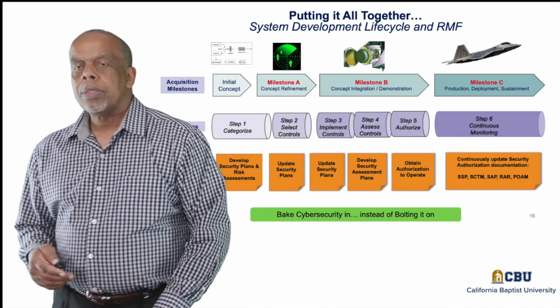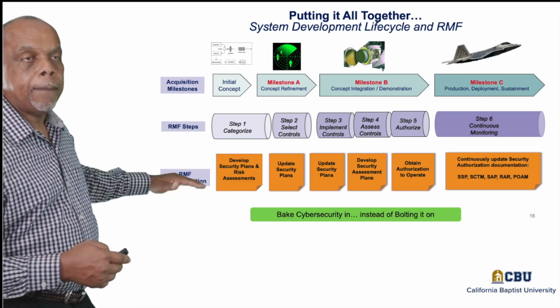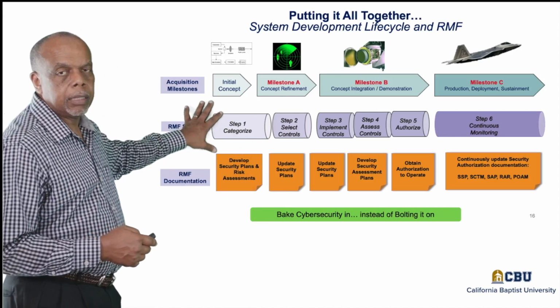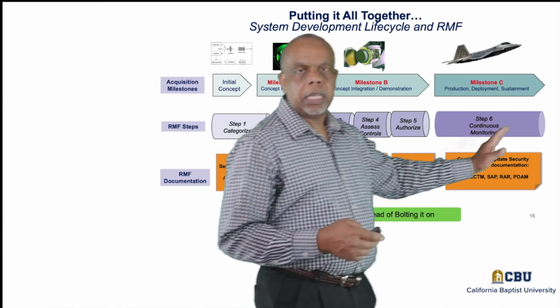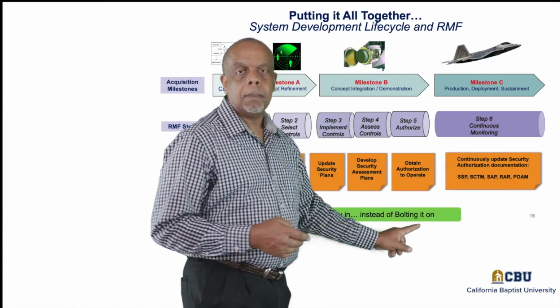And what does that do? That helps us to what we call bake our cybersecurity in along the way. Let's bake it in, as opposed to getting here and trying to bolt it on.